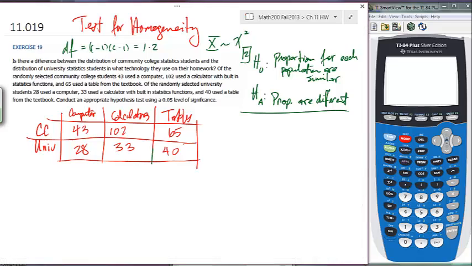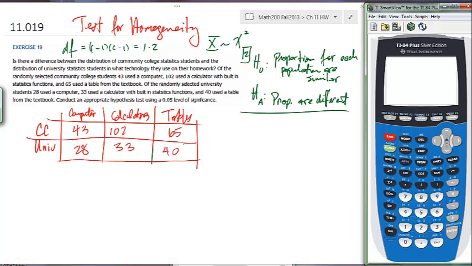Alright, now we go and input this data into our matrix. So let's go second function and matrix in our calculator, and we're going to edit it. We're going to select the first one, and we put in those values of 43, 102, and 65.